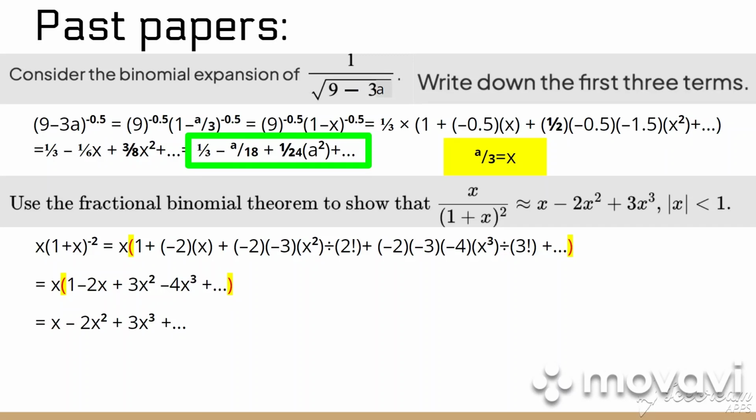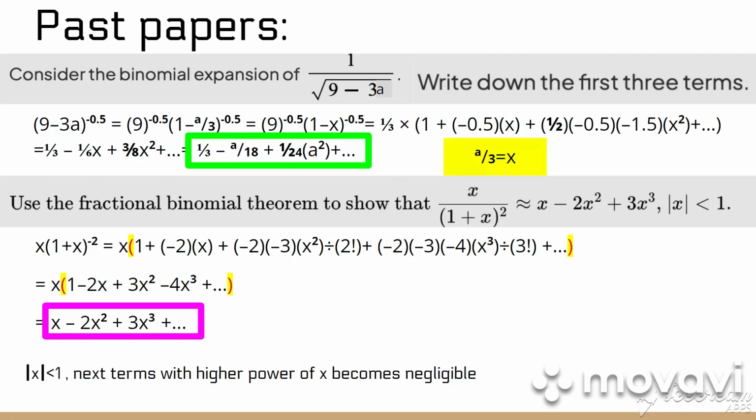But we only need first 3 terms, and if we multiply what is outside of brackets and inside of the brackets, we will get x minus 2x squared plus 3x cubed, and so on. And again, they're the same 2 numbers, so that's the answer.